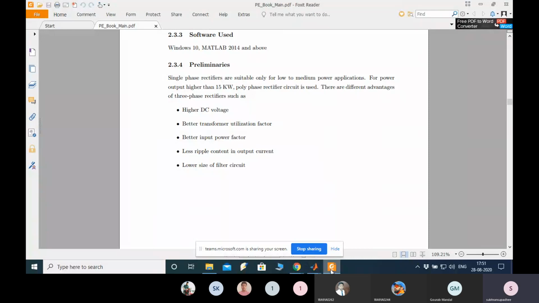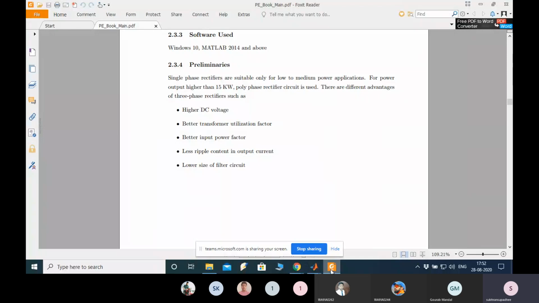So as the number of switches increases, the complexity of the circuit also increases exponentially. But on the brighter side, we can have a higher conversion efficiency, higher transformer utilization, and lesser ripple, and the physical sizes of the components, in terms of inductors and capacitors, will be much lower.